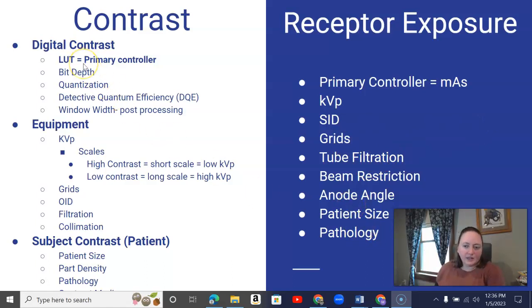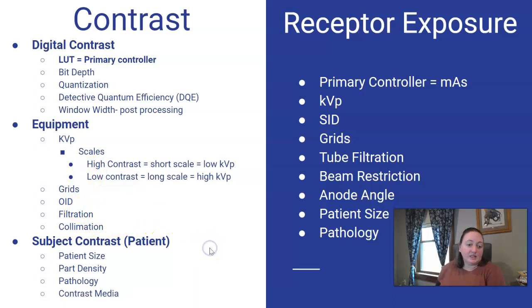Contrast. Watch the wording on the contrast questions. Is it asking me digital contrast? Well, they're going to be your lookup table, bit depth, quantization, those ones. DQE is how contrast is evaluated, remember, through the SNR. Post-processing controller of contrast is window width. Remember, window level is brightness. It could be asking me about equipment, my kVp setting, low contrast, high contrast, grids, OID, filtration, collimation.